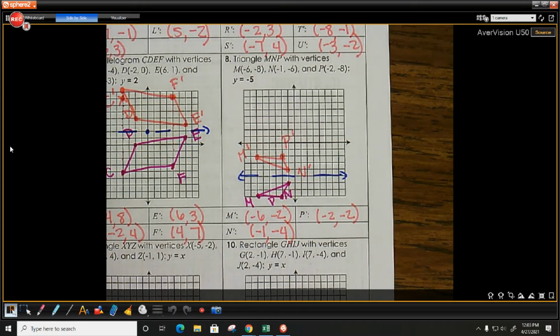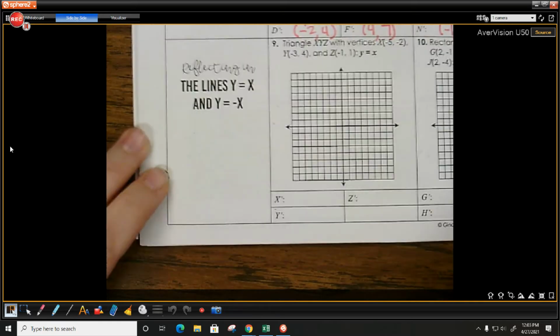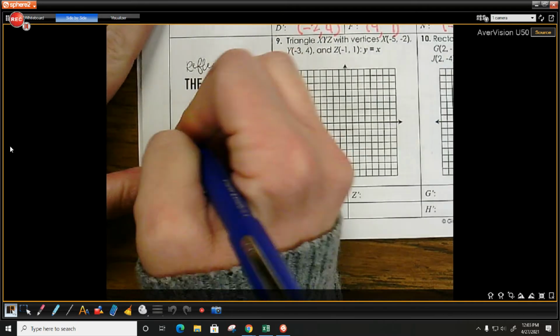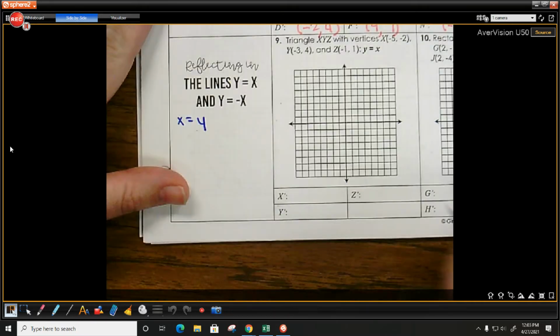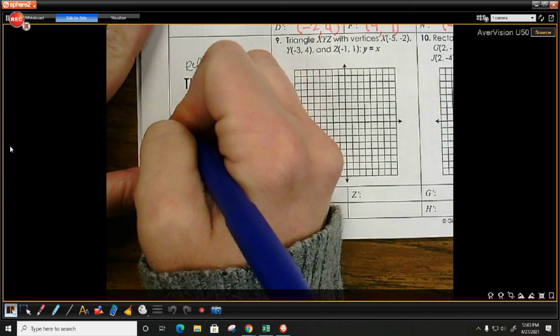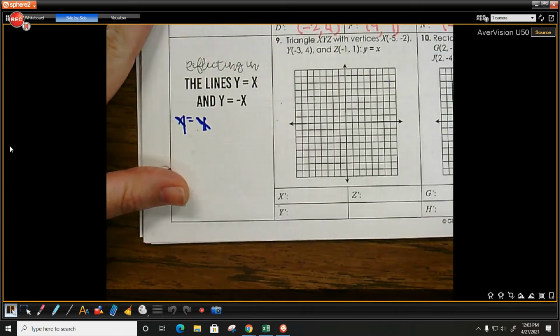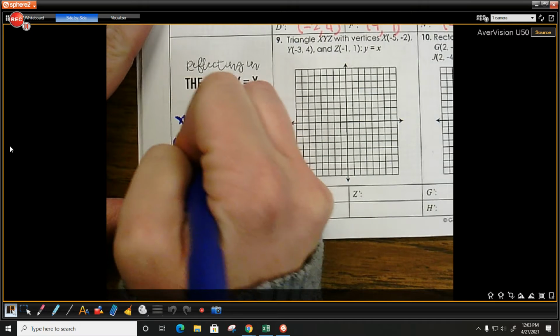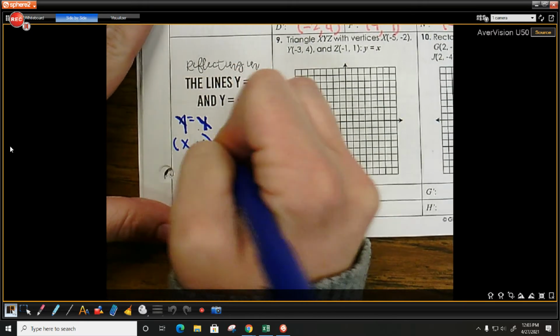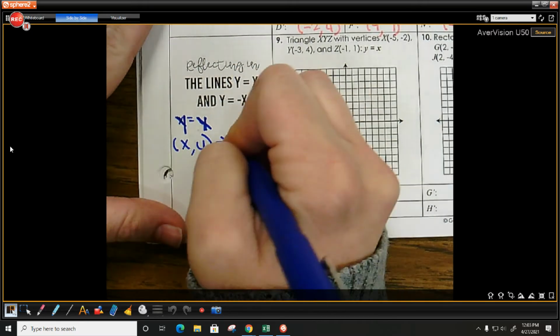Reflecting over y equals x and y equals negative x. For the y equals x line, my ordered pair x, y is going to become y, x.